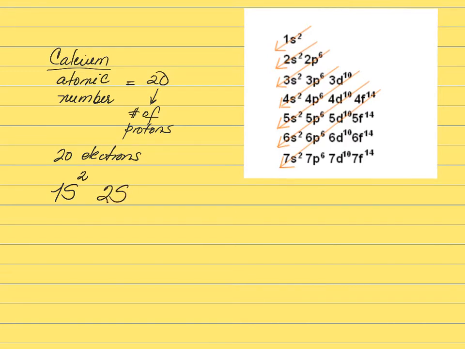So my second level has 2 sub-levels, s and p. In the s, as you know, I'm going to accommodate up to 2 electrons. On my p sub-level, I have 3 orbitals in which I can accommodate 6 electrons. See that? Can I have a d or an f orbital in the second level? Impossible, because the second level has only 2 sub-levels or sub-shells, s and p.